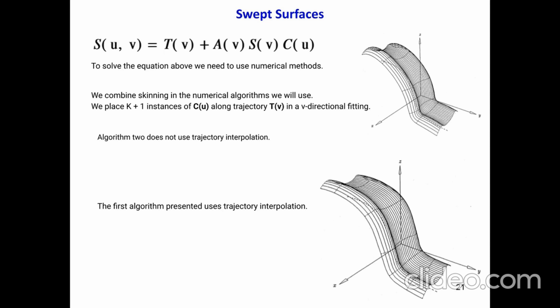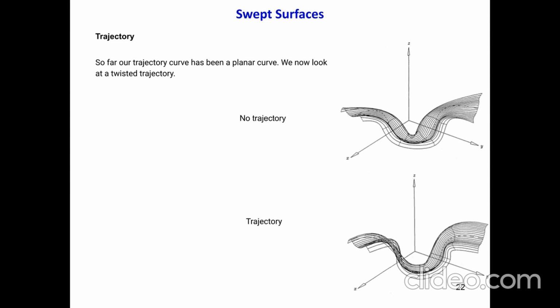I won't really go into the details of the algorithms here, besides the trajectories. And we can talk about twisting our trajectories. Again, these are the algorithms. Interpolation of the surface with trajectory and no trajectory when twisting.